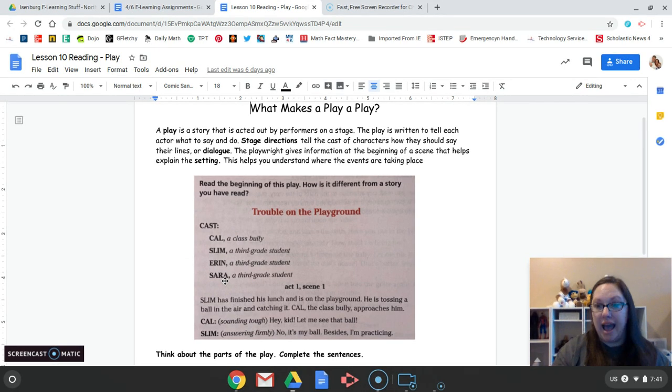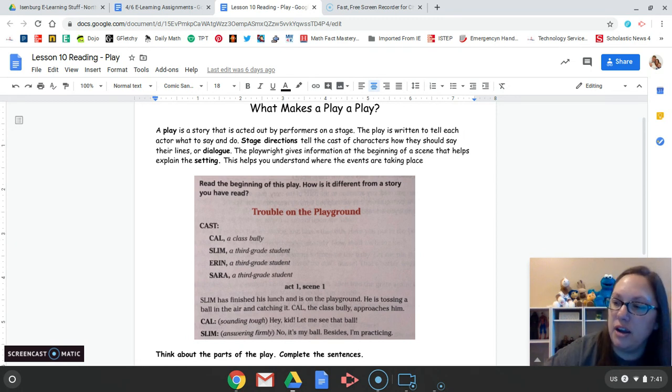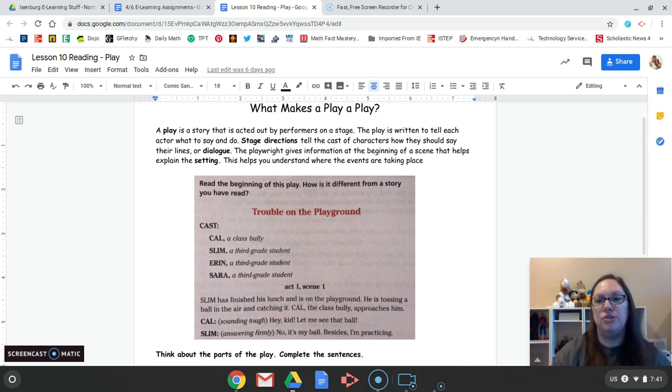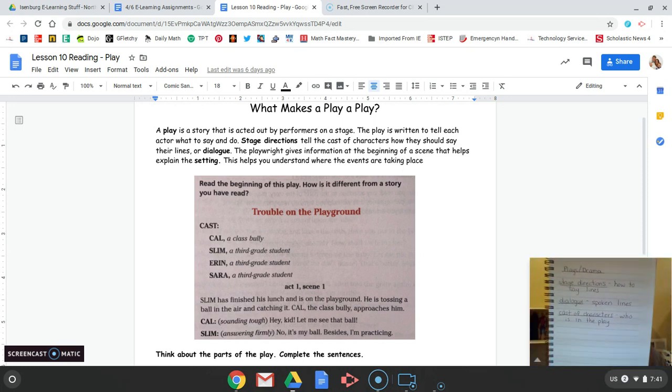So if I wanted to act out this play, I would know I need 4 different characters, Cal, Slim, Aaron, and Sarah, and we would decide who would get to say which part. Okay, so for cast of characters, we're going to say who is in the play. And again, they usually give that to you right at the very beginning.